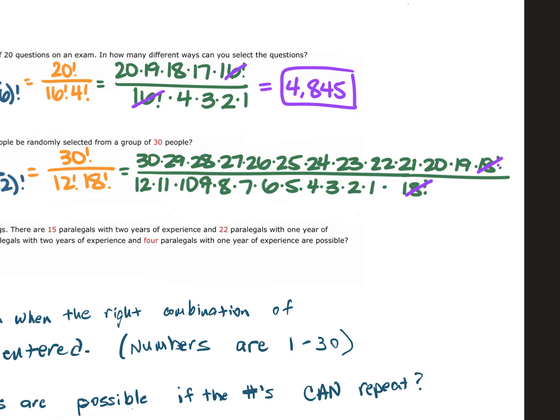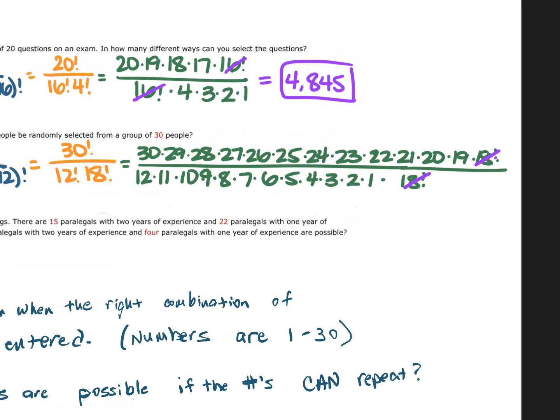Your 18 factorial simplifies on both the top and the bottom, and this will give you a total of 86,493,225.